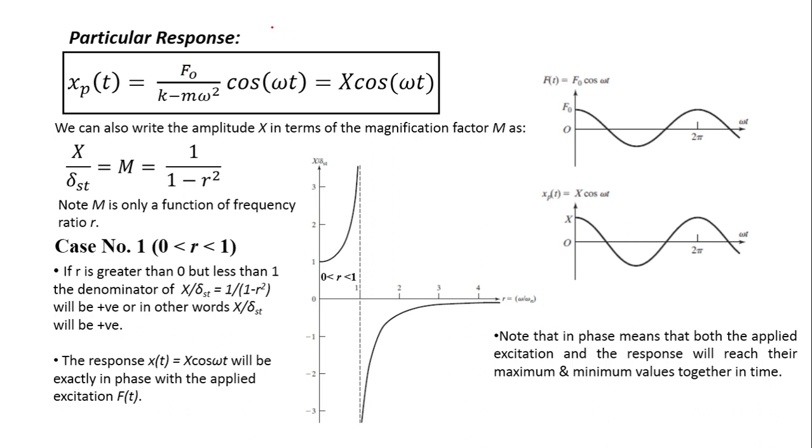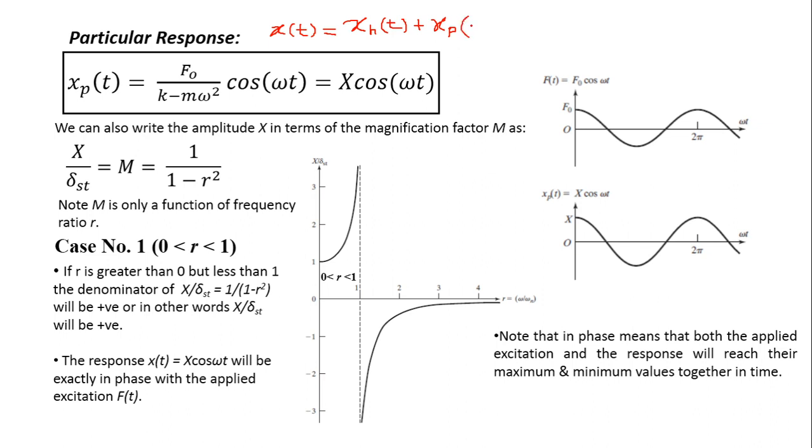But you should know here that the total response of this undamped forced vibration system also includes the homogeneous response. However, we have assumed that this homogeneous response is not dominant, but there can be cases in which it can be dominant.